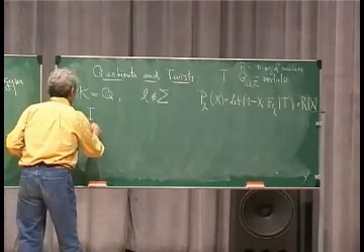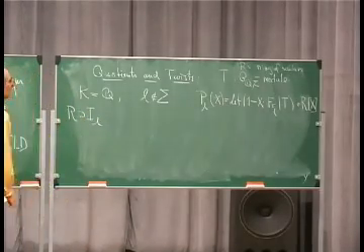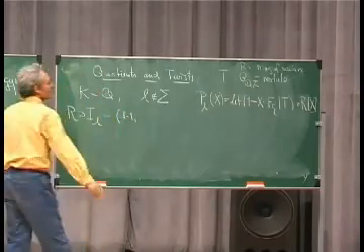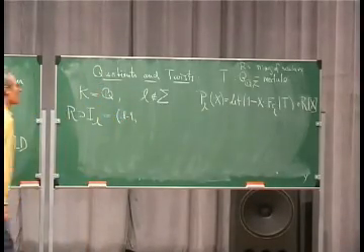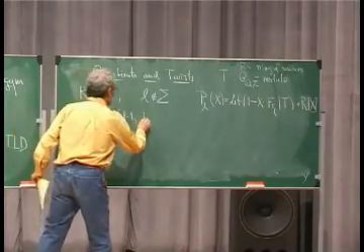Let I_L be the following sub-ideal in R, generated by just the amount that we need in order to force the issue. So generated by the integer L minus 1 and P_L of 1.